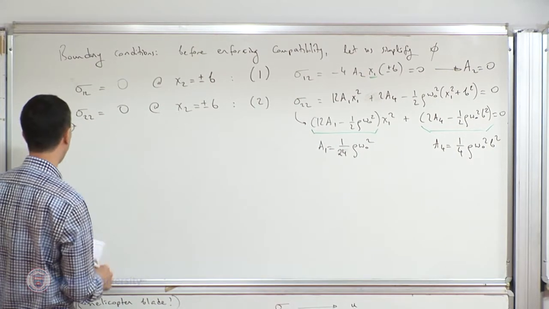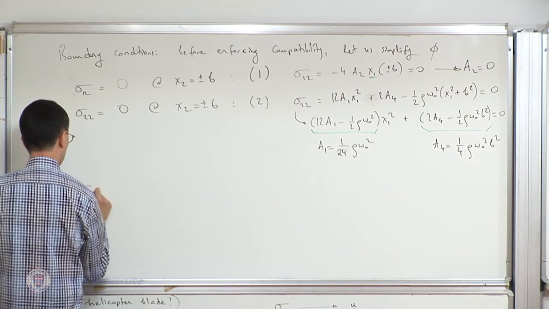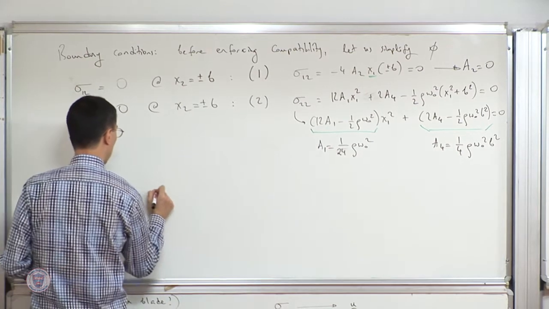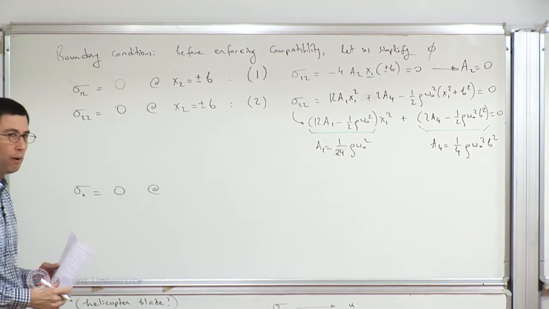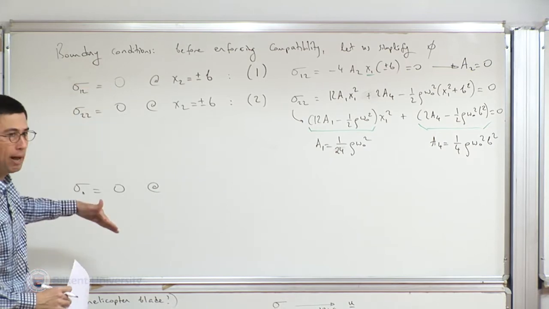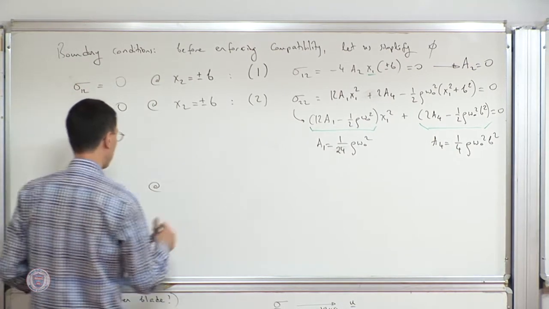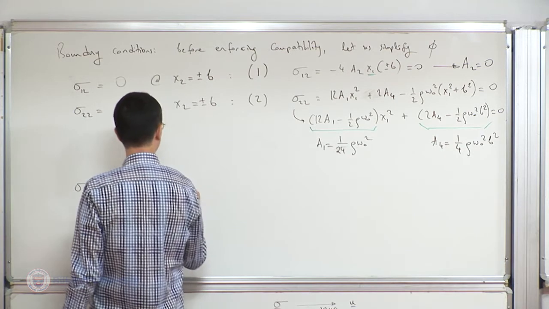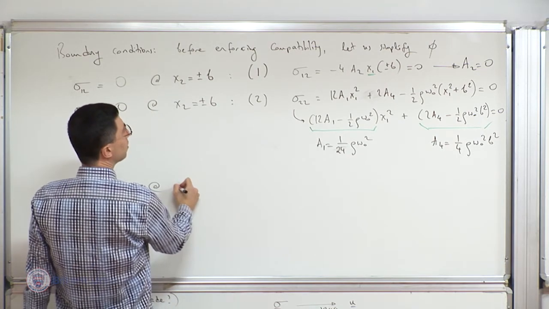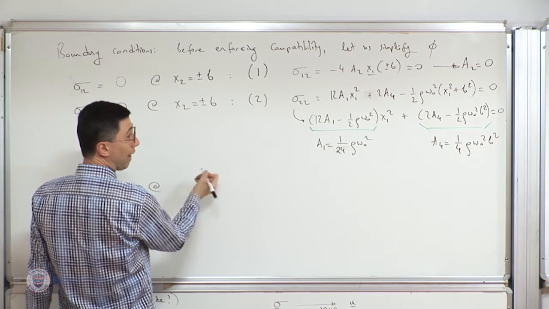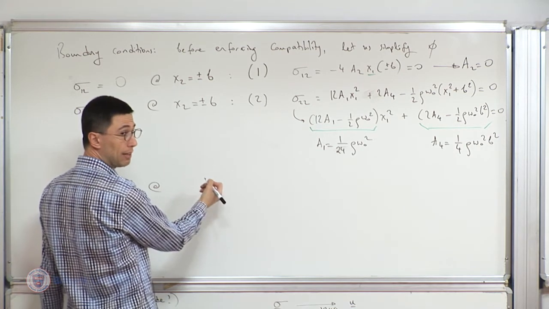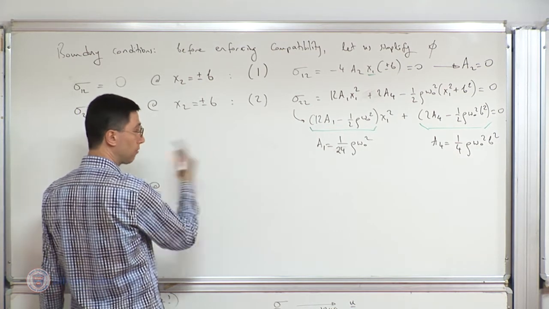Okay, so now I'm going to go for the last one, sigma 1,1. Sigma 1,1 has to be 0, not at the top and bottom surfaces, but on the left and right surfaces. That's where I have traction-free boundary conditions. Notice that sigma 1,2 also has to vanish at the left and right edges.